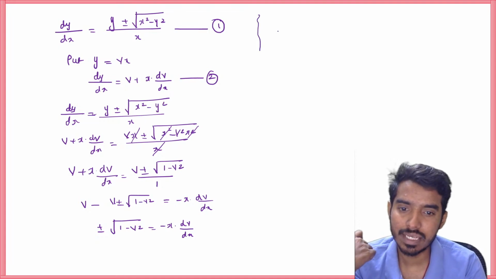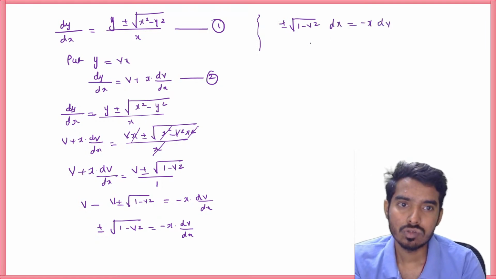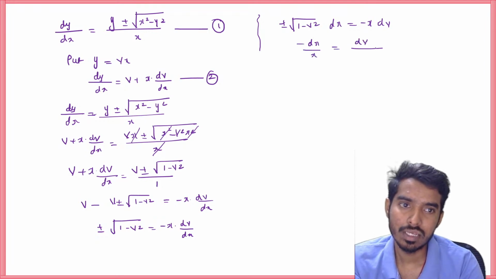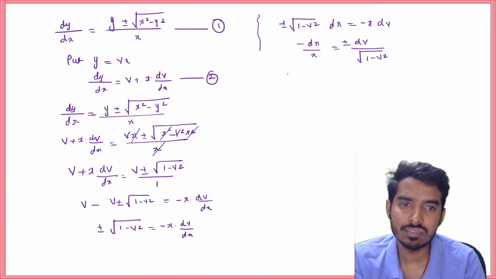Use variable separable here. So this will be dv by root of 1 minus v square equal to dx by x. That's it, right?